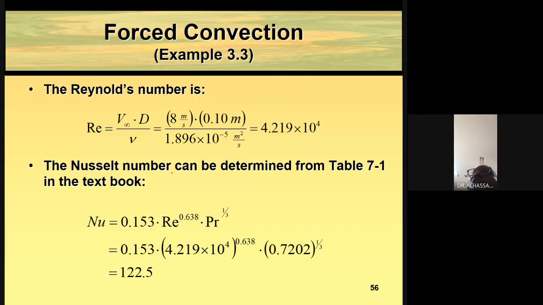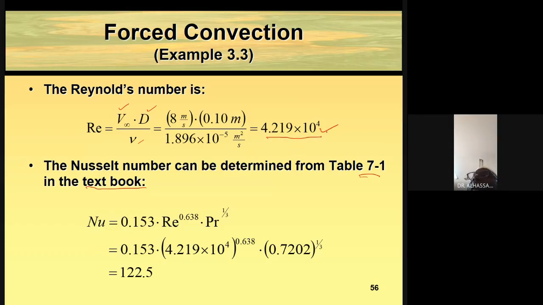The Nusselt number can be determined from table 7.1 in your textbook, at this particular Reynolds number. The Reynolds number is given by V, the velocity of the fluid, times the hydraulic diameter, divided by the kinematic viscosity, and our Reynolds number is given by this.